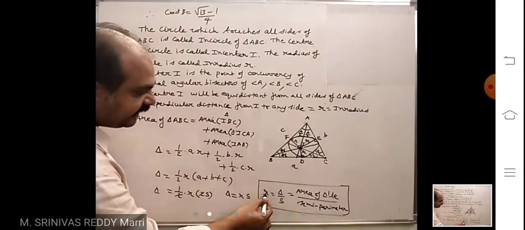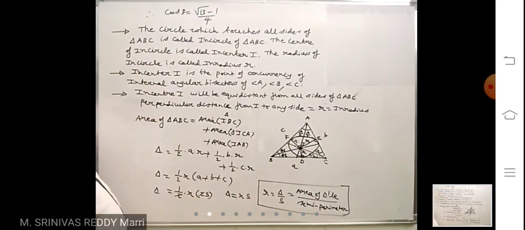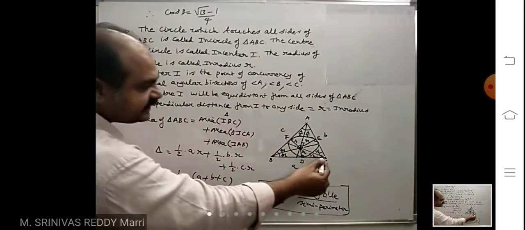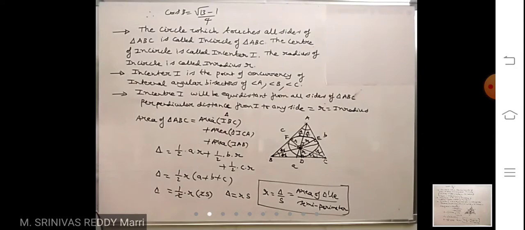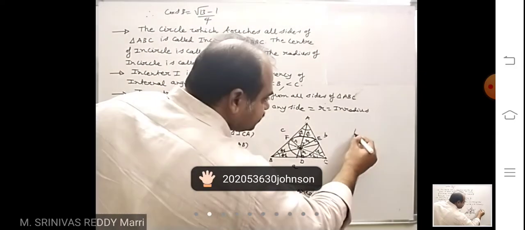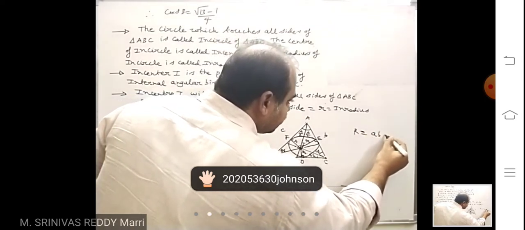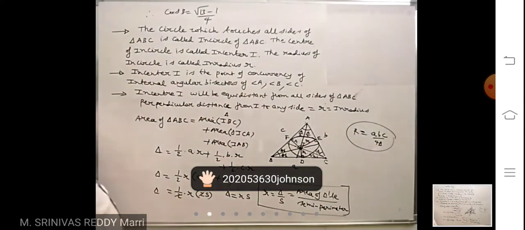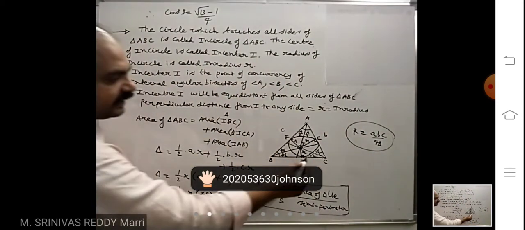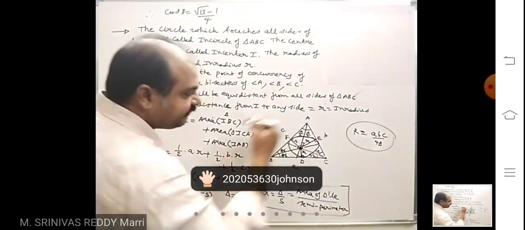Inradius means the radius of the circle which touches all the sides. Previously we calculated the circumcircle. For that circle, the radius is capital R, the circumradius, which I discussed in previous lectures. That is abc divided by 4 delta. That circle is outside, passing through all the three vertices.